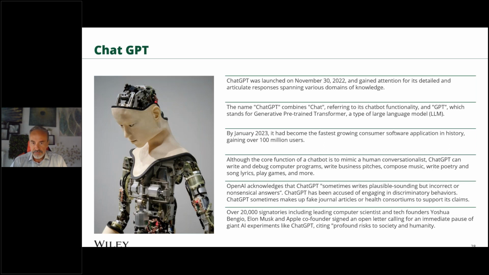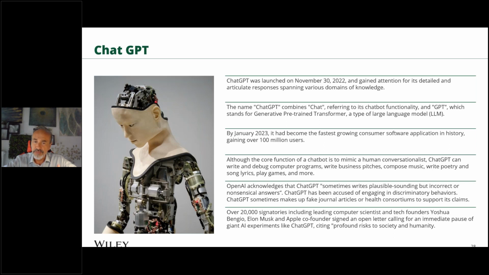Although the core function of a chatbot is to mimic a human conversation, it's now acknowledged that ChatGPT can write and debug computer programs, write business speeches, compose music, write poetry and song lyrics, play games, and much more. But OpenAI, the producer of ChatGPT, acknowledges that sometimes ChatGPT writes plausible-sounding but incorrect, or hallucinated, nonsensical answers.